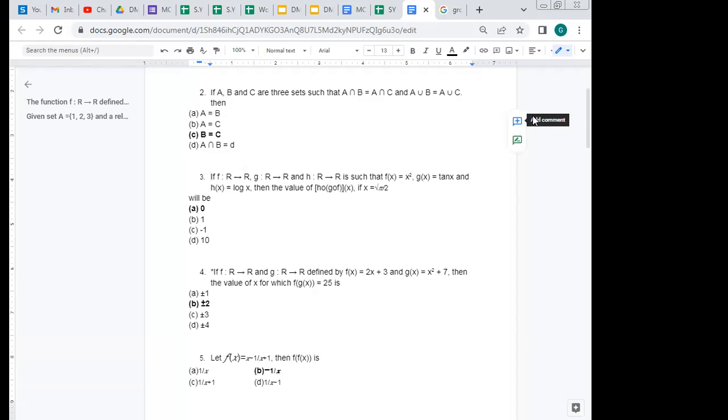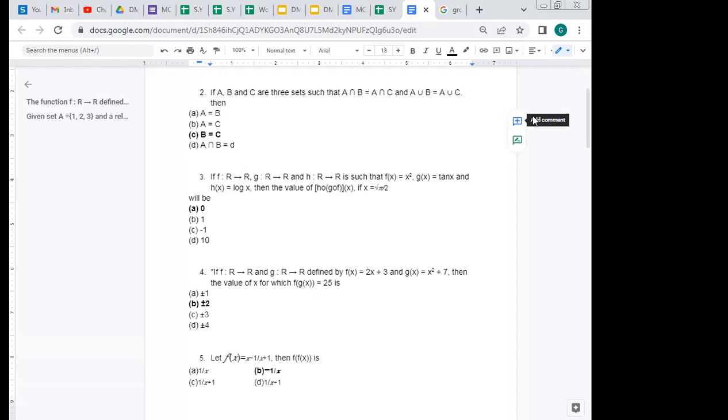Then first, as we did for the others, we took it as g of f of x. What we performed here is tan of x square, where x is root pi by 2, meaning root is for pi only and divided by 2 there. So it came as tan pi by 4.